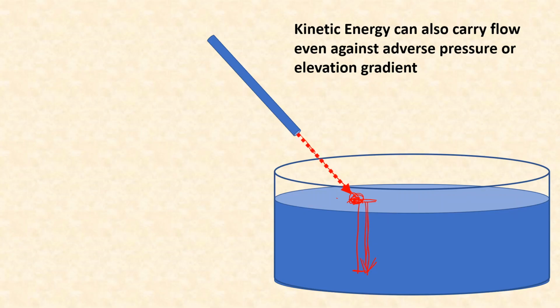That means the piezometric head, which is the summation of datum and pressure head, that is Z plus P by rho g, remains constant all throughout this stationary liquid.